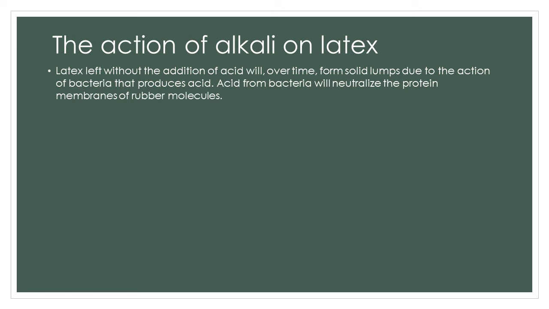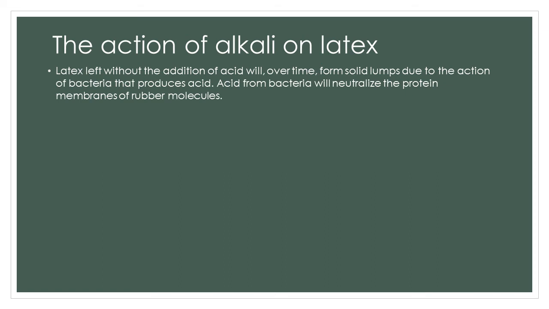This is to explain what happens when you have not added acid to the latex, but the latex will naturally coagulate or form a solid. Why? Because the bacteria in the atmosphere will produce acid.